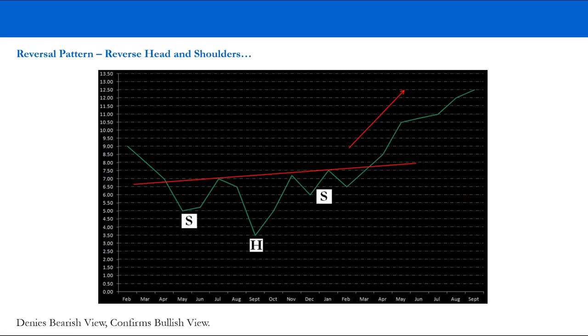What about now if we have the opposite of this? So our second reversal pattern, a reverse head and shoulders. So we're looking at a head and shoulders that's actually upside down. So we have our left shoulder, our right shoulder, our head, and our neckline.